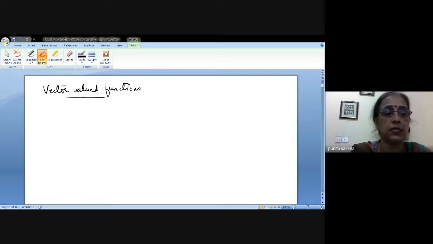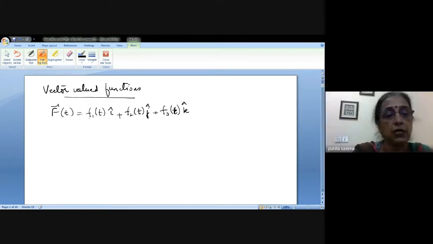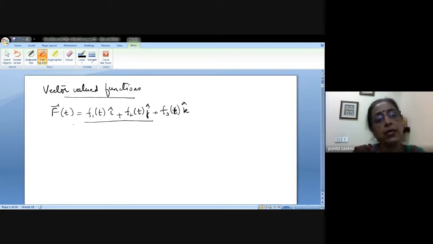We had seen that if I have a function f of one variable t that can be expressed as a component along the i direction, another component along the j direction, and another component along the k direction, then such a function is called a vector valued function.